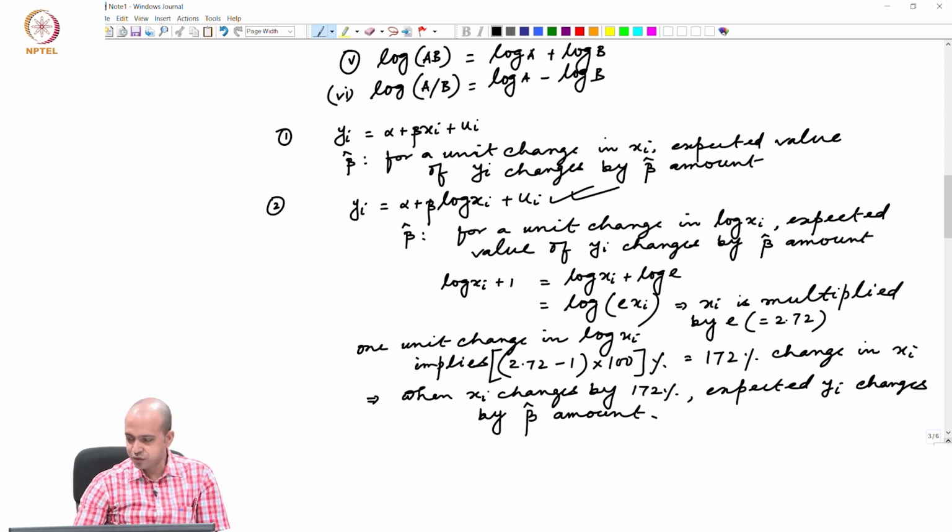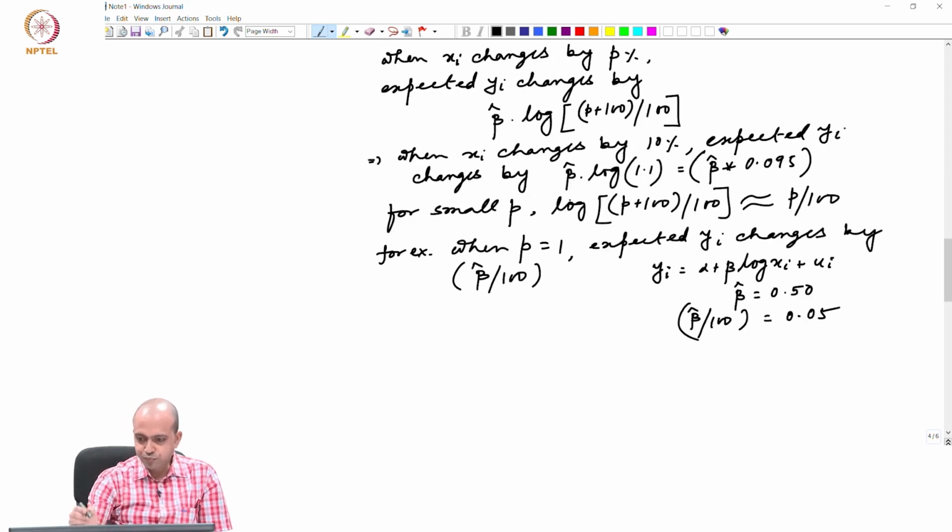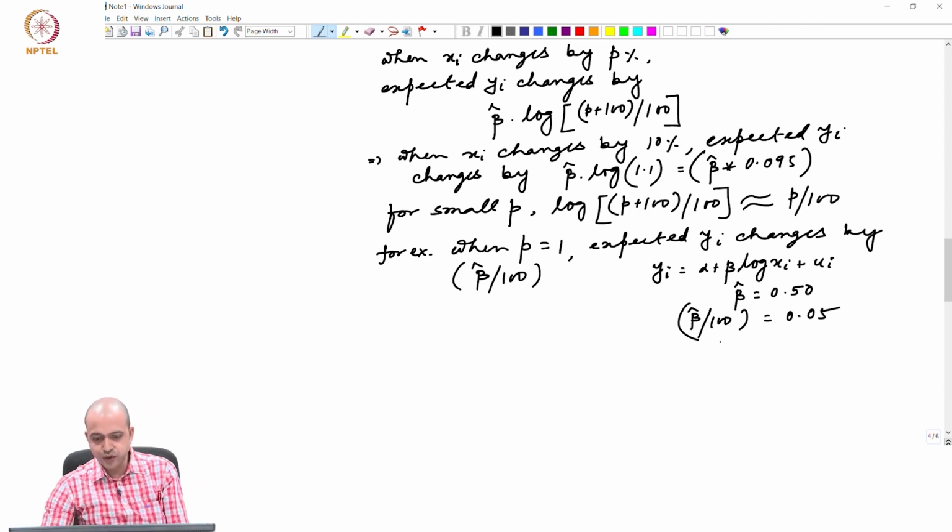That means how we have transformed this for a small value. When p equals to 1, that means we can say that for 1% change in xi, your expected value of yi changes by beta hat divided by 100 unit. Now, beta hat by 100 is the unit change in expected value of y for 1% change in your xi.